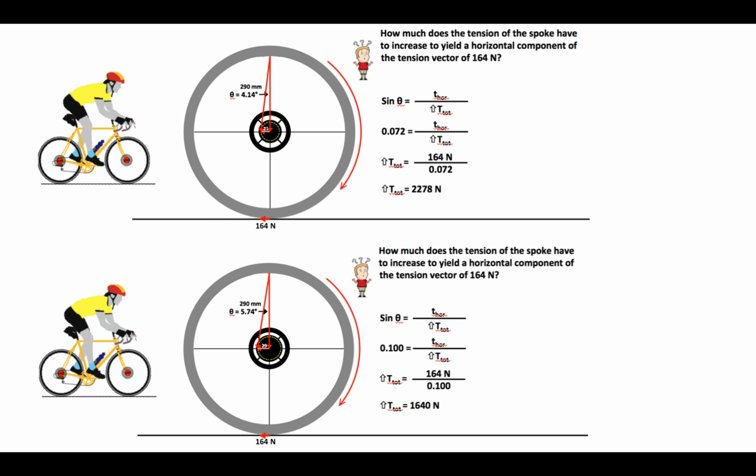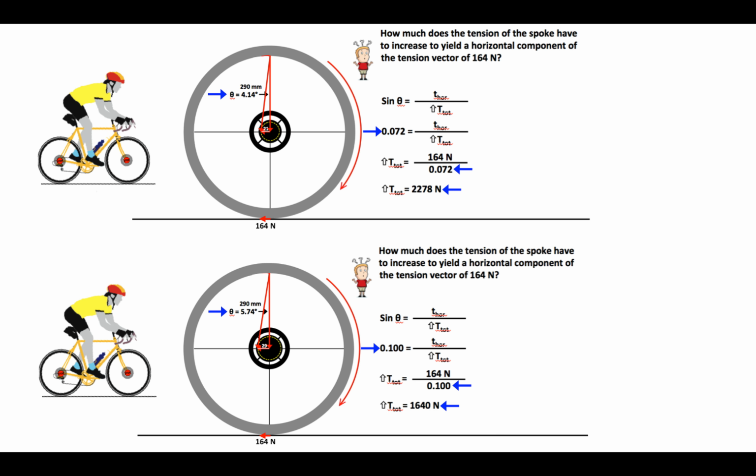For ease of comparison, we see both wheels here, and starting with the one on the top with this smaller hole-to-hole flange diameter, we have a smaller angle theta, and that gives us a smaller sine. We divide by that smaller sine and we get the larger quotient. The wheel at the bottom has a larger hole-to-hole flange diameter, and so I have a larger angle here, theta, larger sine, larger divisor, and a smaller quotient.